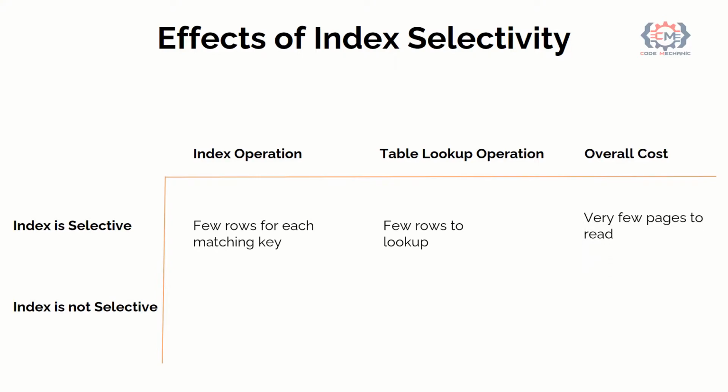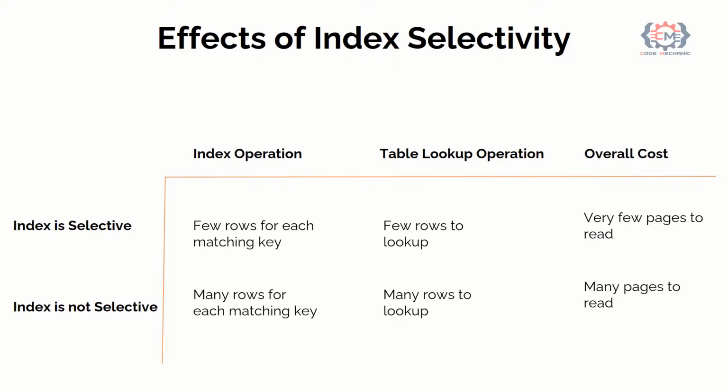But what if our index isn't very selective? What if for the index key we look up, we get back several thousand matches? Well, then we are going to have to come over to the table and look up each and every one of those rows. So that is several thousand times we are going to have to look up data in this table.